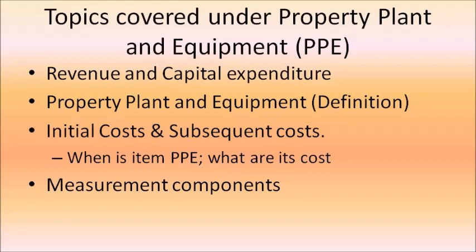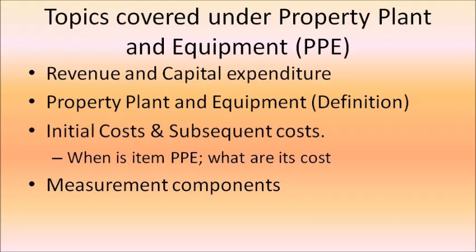That is, what are all the costs which comprise the property plant equipment definition, and what are the criteria to be fulfilled in order to identify a particular item as a property plant equipment. Finally, the measurement components of property plant equipment. These are the things which you are going to understand in this video.